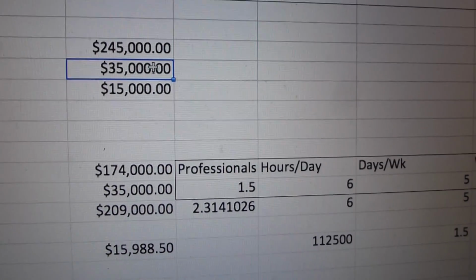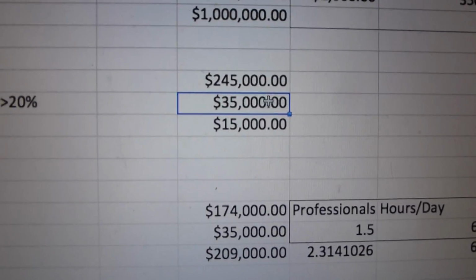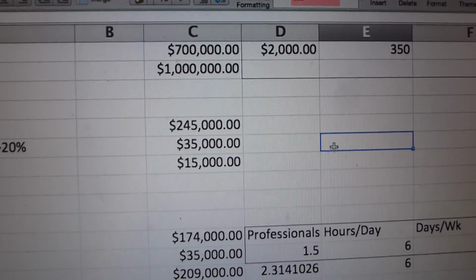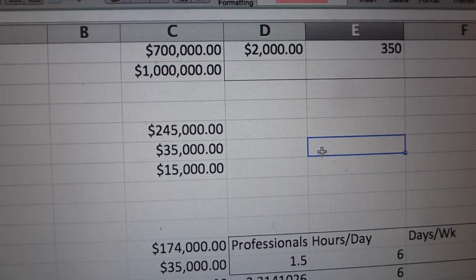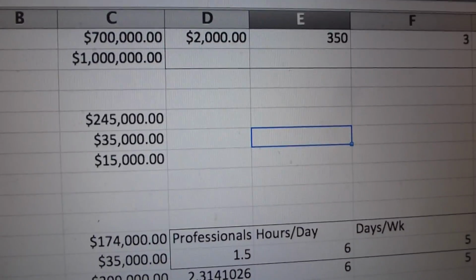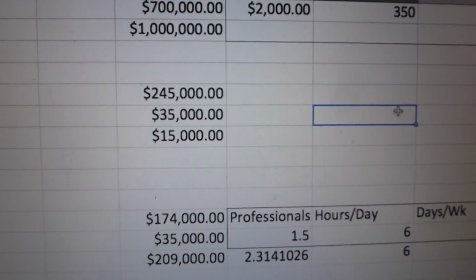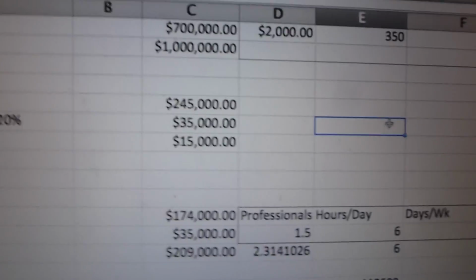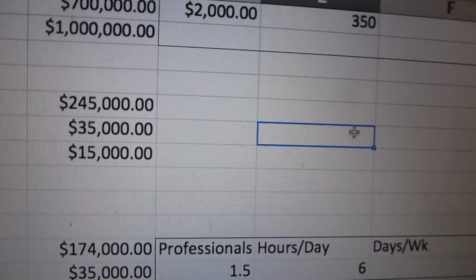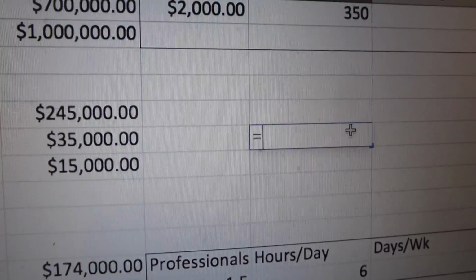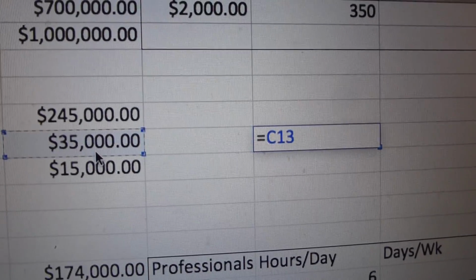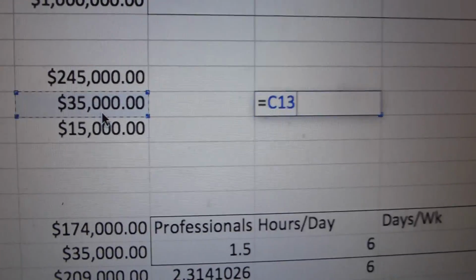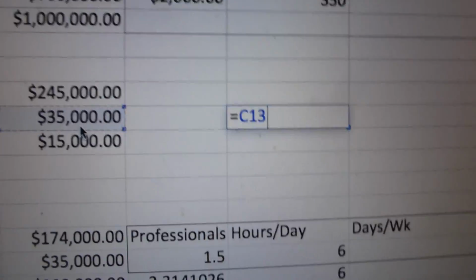So the first figure we're working with, we know that we're losing $35,000 in order to have a 5% return. So that's great. We know the dollar amount, but how many hearing aids is that actually? We first have to figure out how many hearing aids were returned. So we're going to take our amount of 35,000. Remember, you can type it in or click, and I just like to click.